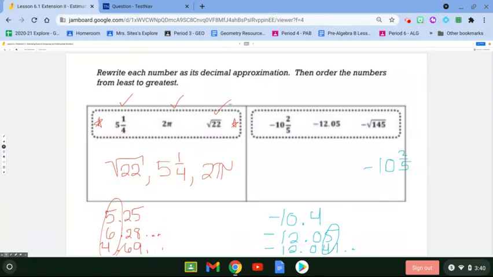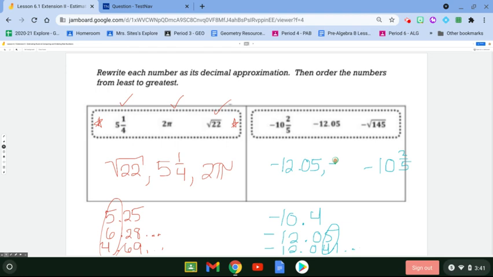Okay. Well, remember, the bigger your number is as a negative, the further away it is from 0, meaning that it's a smaller number. So this negative 12.05 is actually the smallest number.